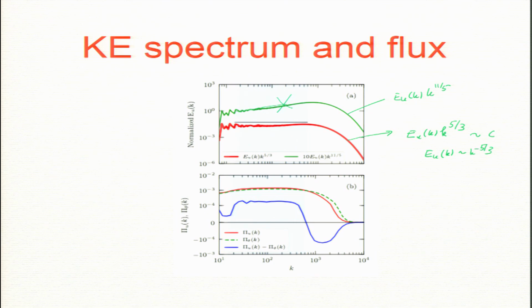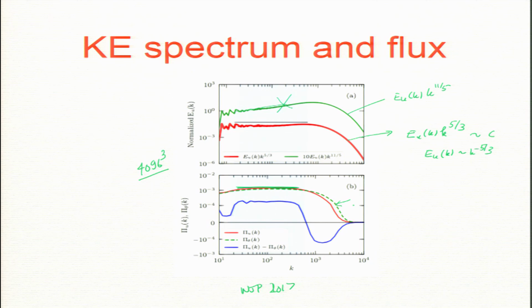This is on 4000 cube, again simulated by Abhishek. This came out in 2017 in New Journal of Physics, and you can look at the flux. This is the kinetic energy flux, which is flat, really flat, and this is Π_theta.